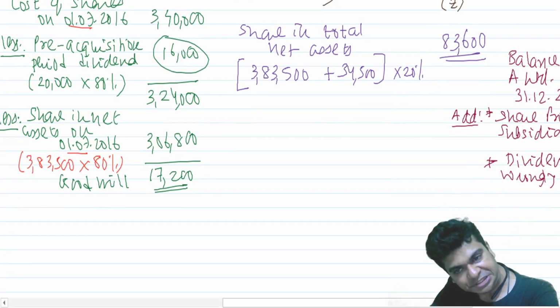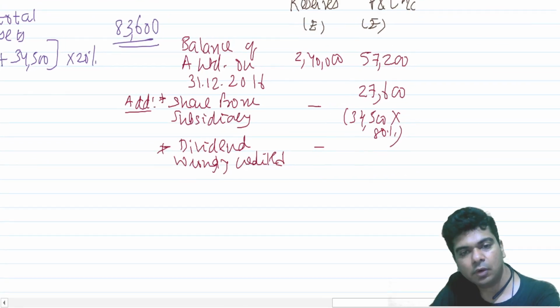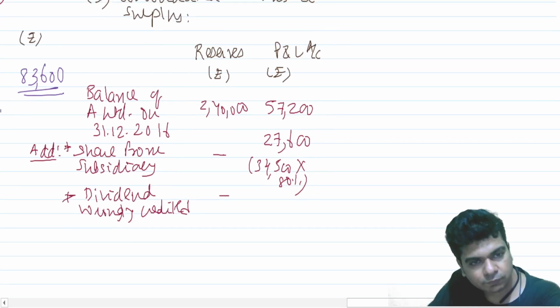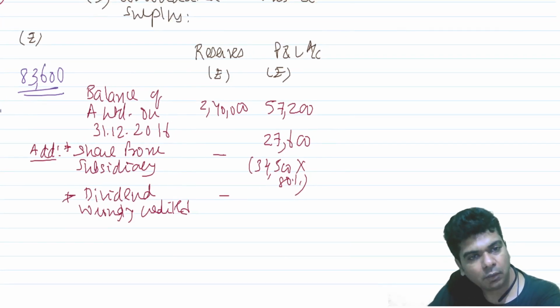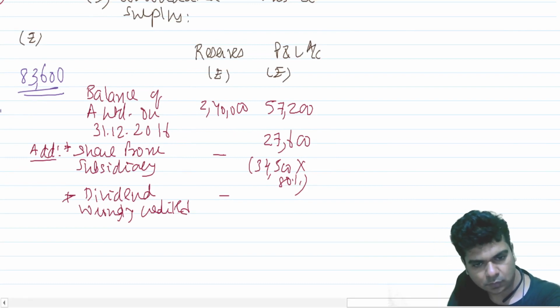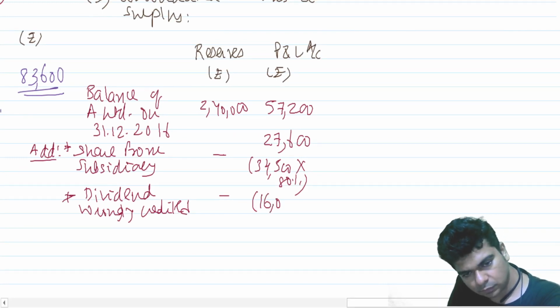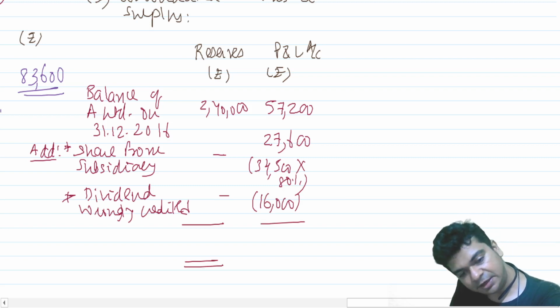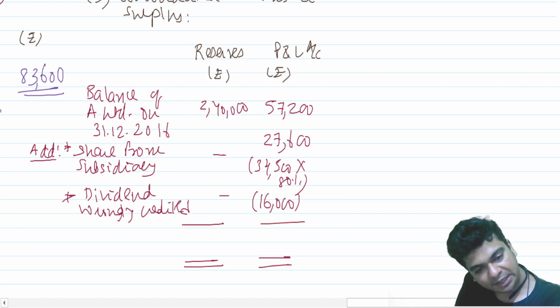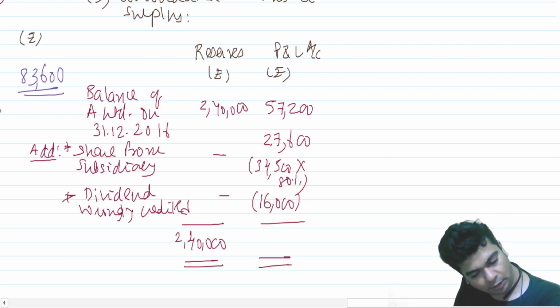So wrong credit of 16,000 is considered. So we will be putting that figure here now. 16,000. So we'll get the final figures to be shown in our balance sheet. This is 2,40,000.